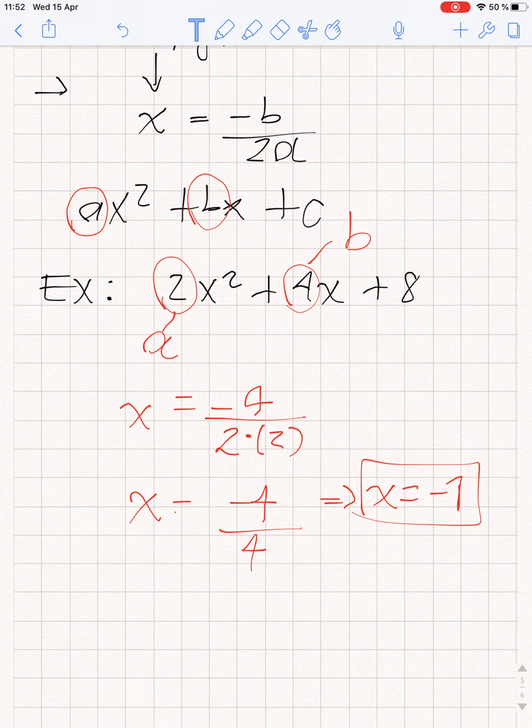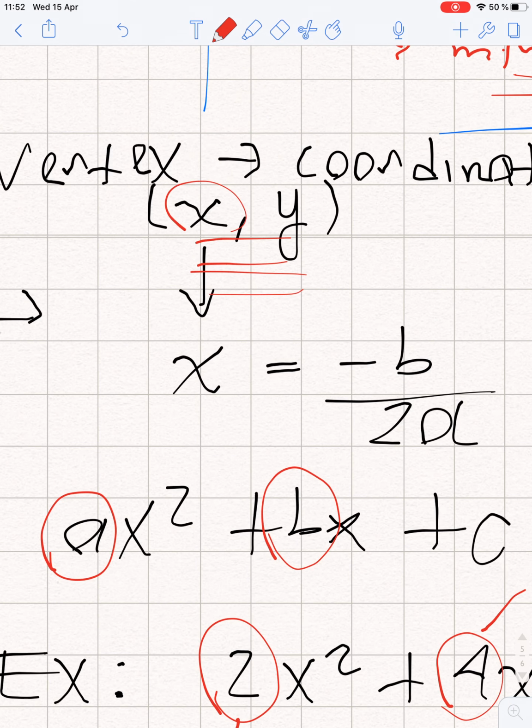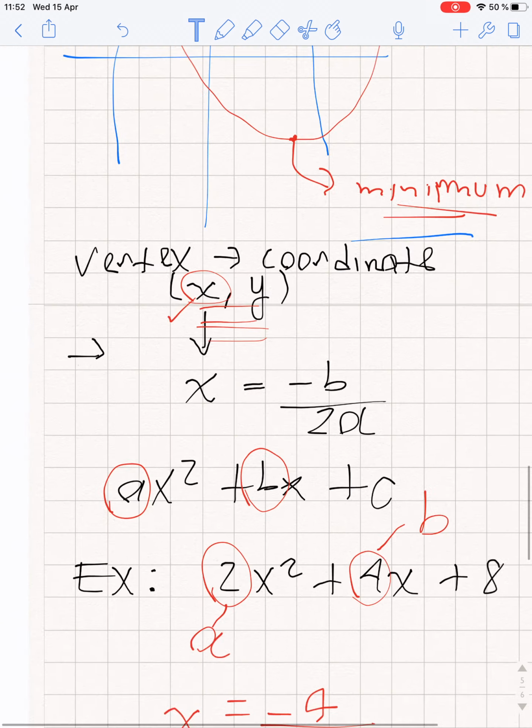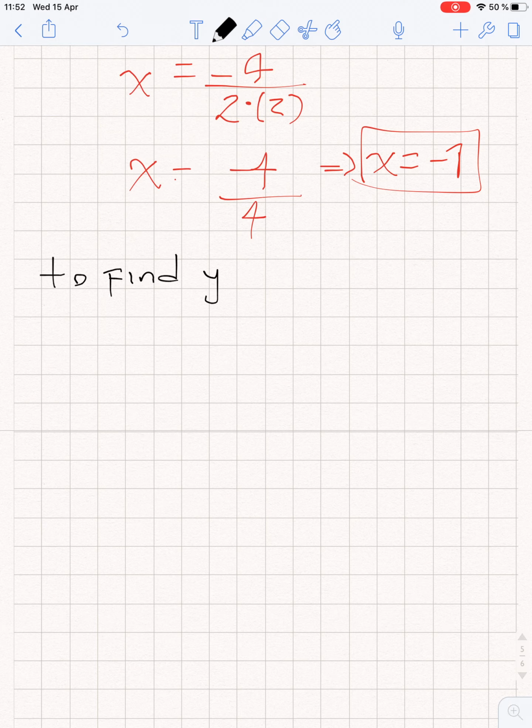When you get the value of x, now we need to calculate the value for y, because as I said before, the vertex is a coordinate. We already have the value for x, therefore we need to get the value for y. To find y of the vertex, we are going to use the answer of x, okay?